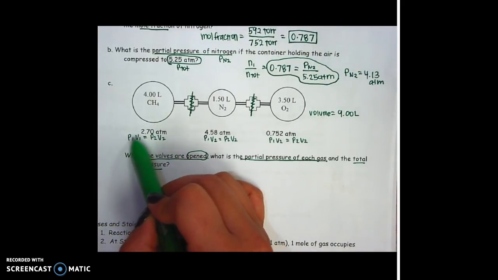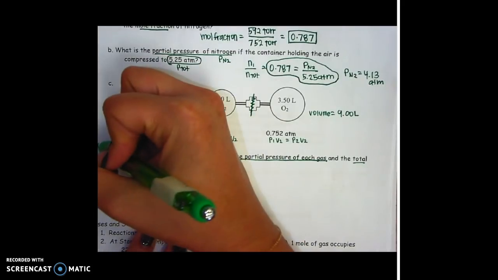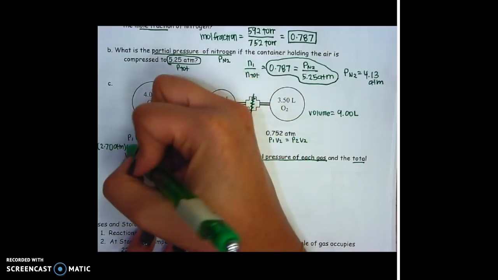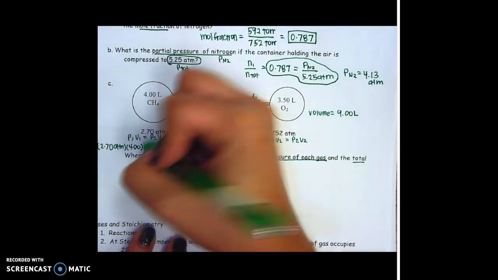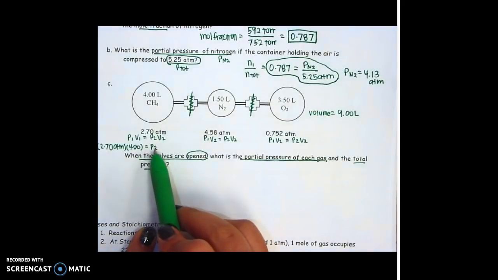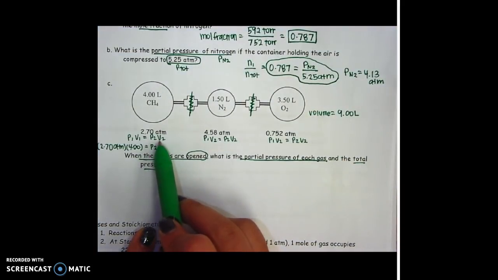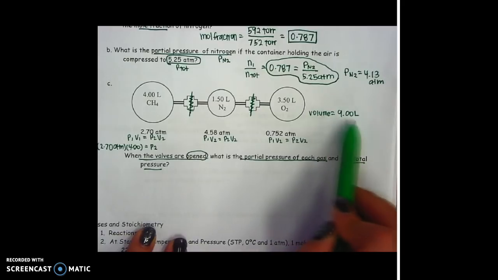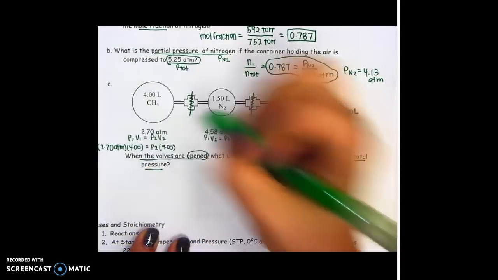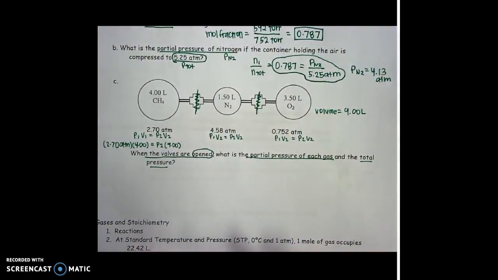For the P1 inside this container, you know it's 2.70 atm. The volume of this container is 4 liters. Now the pressure two, I want to know what the pressure is of the gas once we change the volume, so I don't know it. The volume two is going to be the total volume for everything, so this is going to be 9 liters. Okay, so we're going to go through and just multiply and divide.